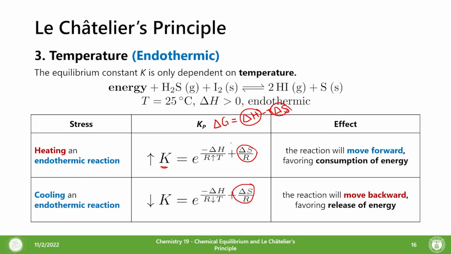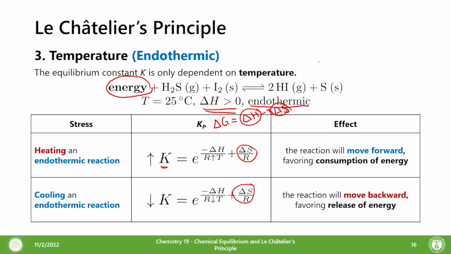Okay, so let's say we have a positive delta H. Okay, this means that the reaction is endothermic, which means that there is energy being placed in the reactant side of your equation. It needs energy in order for the reaction to proceed.